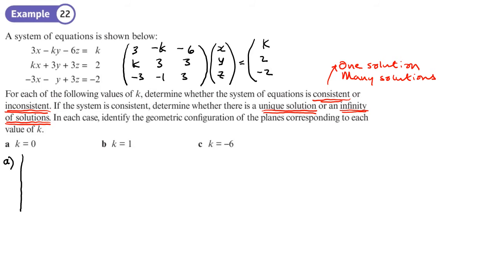It just makes it easier to write things out. With k as 0, I'll have 3, 0, negative 6; 0, 3, 3; negative 3, negative 1, 3. I want to find the determinant of that, so I'll write this so that I can do it on my calculator.